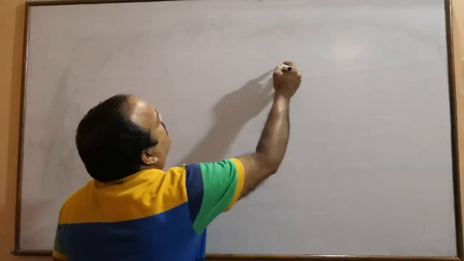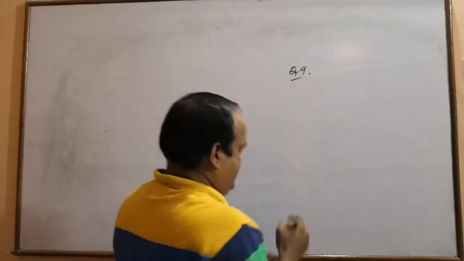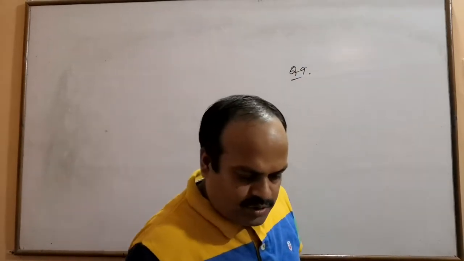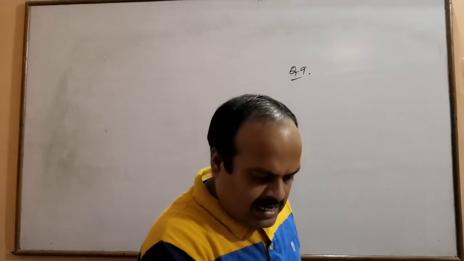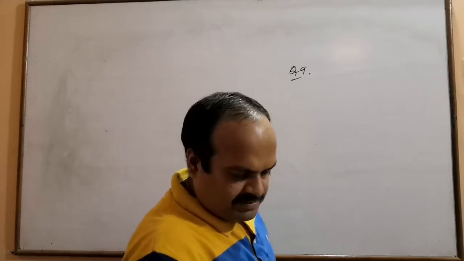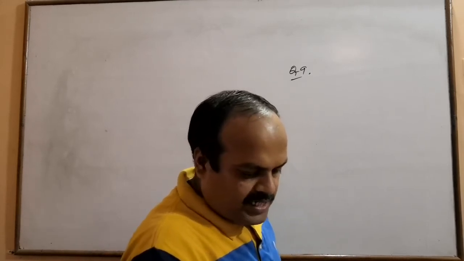Next, question number 9. What we have in this question? The length, width and height of two boxes are 6, 5, 10 and 5, 2, 8 respectively.